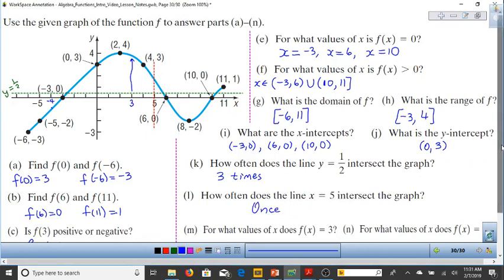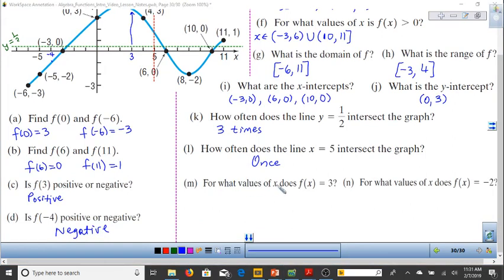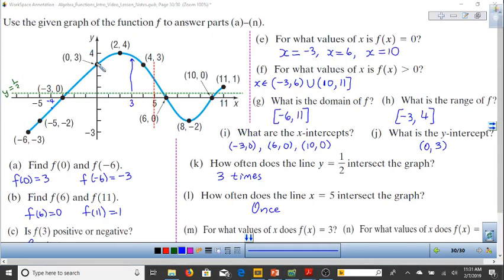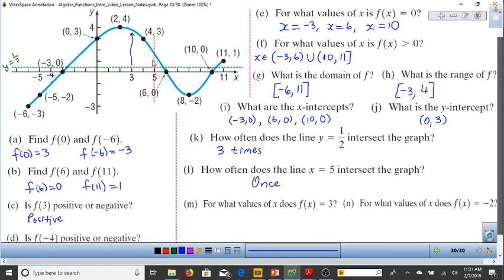And then we can go for what values of x does f of x equal 3? So let's look for 3. We have 3 here, and if I go all the way across here, we have another value of 3 here. There are two places where f of x equals 3. That's when x is 0 and when x is 4.